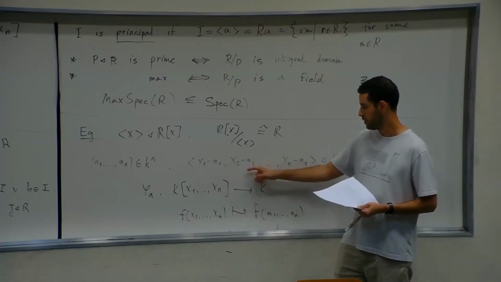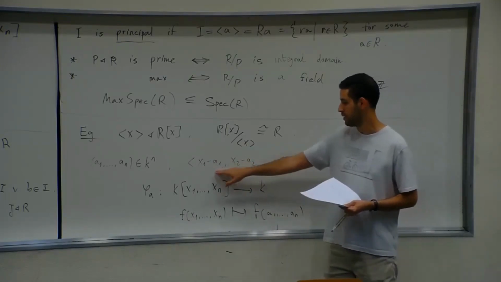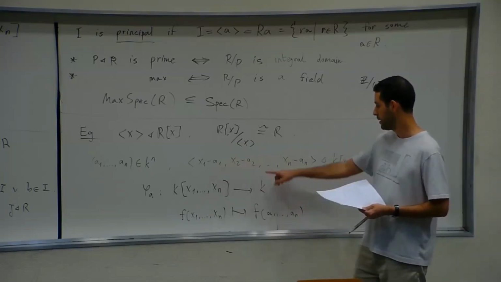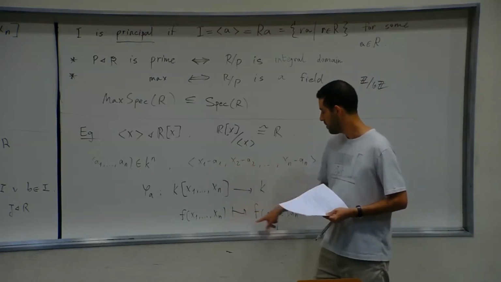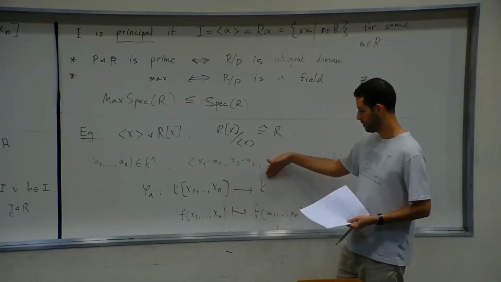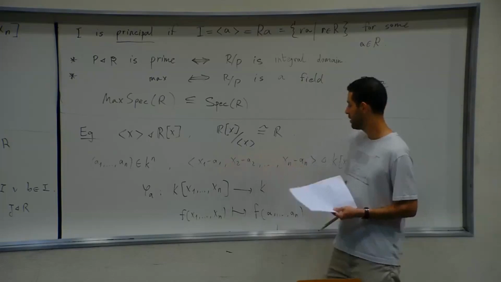It's not trivial. We want to do some work to show it, but you can show that this is exactly the kernel of this map. And of course this map is surjective since every constant maps to itself.